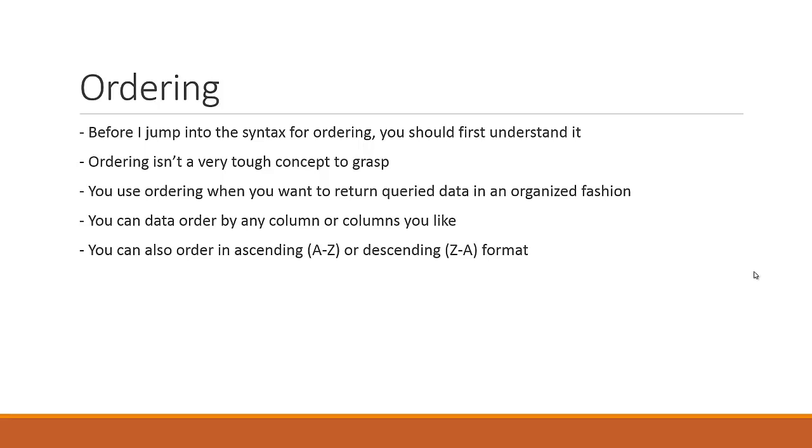MySQL has the ability to figure out exactly how to order every single one of its data types. And you can order data by any column, or multiple columns, that you would like.